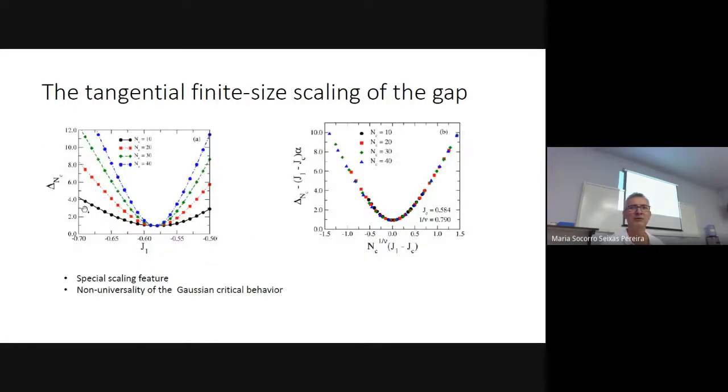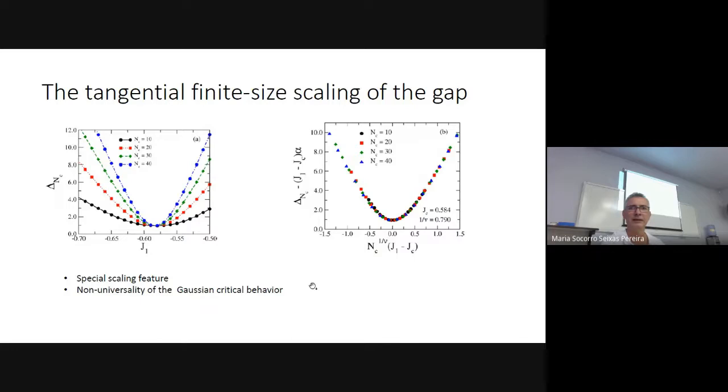What we did was a very conventional finite size scaling analysis of the gap in the vicinity of the transition, and we could estimate the correlation length exponent with high precision, and also the location of the Gaussian critical point.